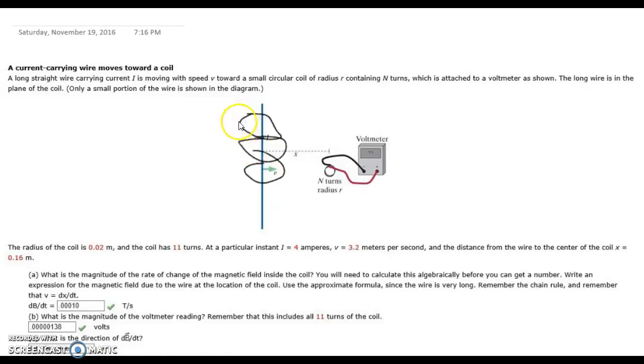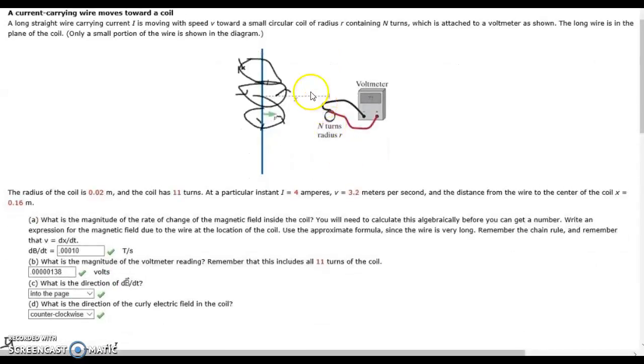Right hand rule, so it's going this way. Sorry, I'm so messy. But basically, it's going counterclockwise here. And now there's going to be magnetic flux on the coil and an induced current, because we've got a magnetic field that's moving.